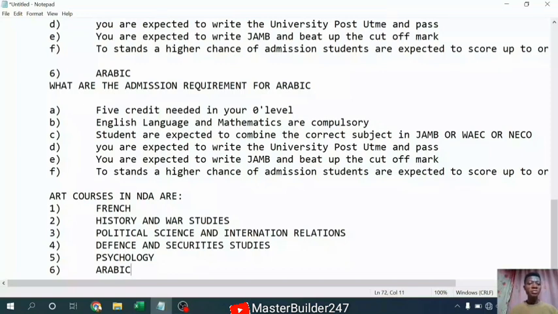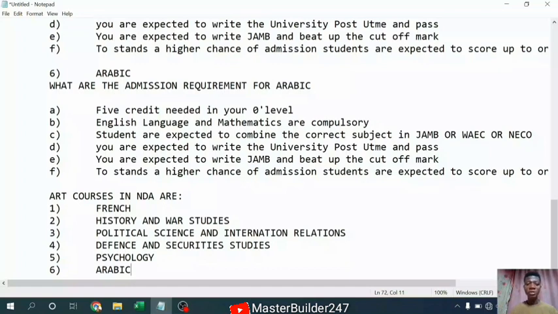So the admission requirement is almost the same. The admission requirement is that you need to have at least 5 credits in your O level, with English among them and mathematics also to be there. And also you are expected to make sure you do the proper combination of your subjects in JAMB, WAEC or NECO. And also you are expected to write the university post-UTME.